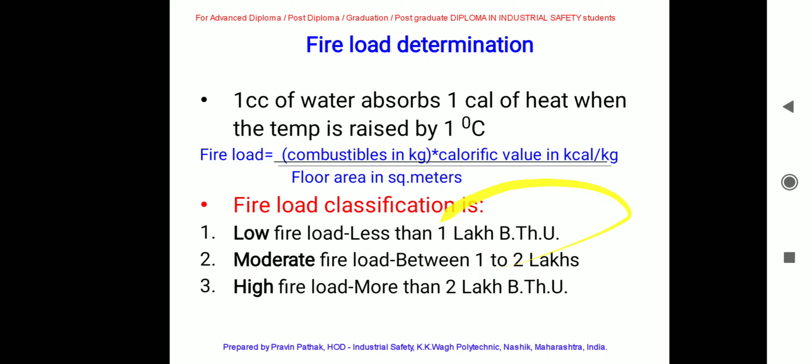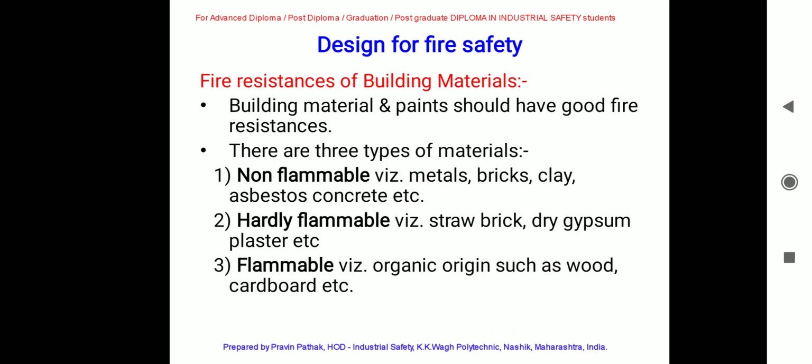So we have to convert these calories, kilocalories, joules into BTU so that we can classify this fire load as low, moderate or high. Moderate fire load is between 1 lakh to 2 lakh British thermal units, and for high fire load the calculation is more than 2 lakh British thermal units. So these are the fire load classifications.